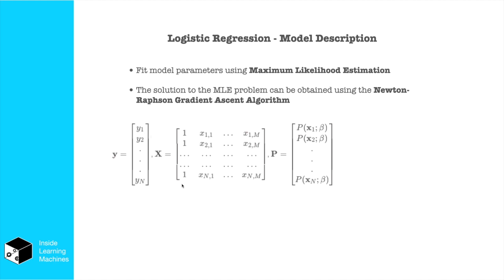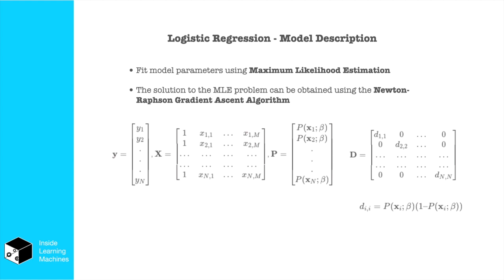X is the total number of independent variables in our training data. And here we have M plus 1 columns. M is the number of features. N is the number of samples. And we have an additional column here, ones, and that's just for our intercept term. In addition, I'm going to assemble this column vector P, and that's just the probabilities for our classes per sample.